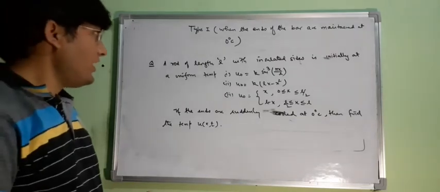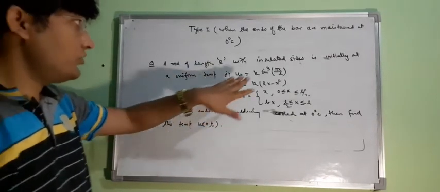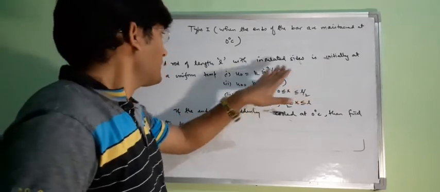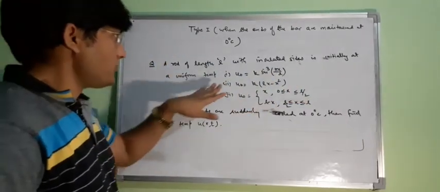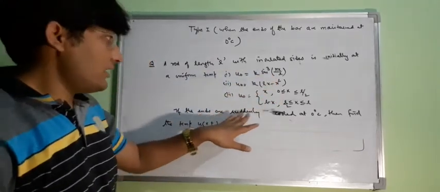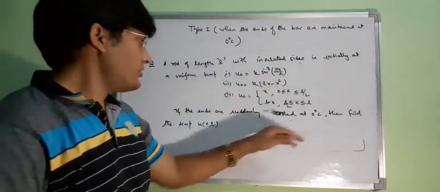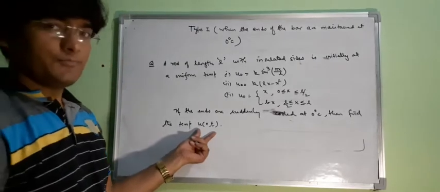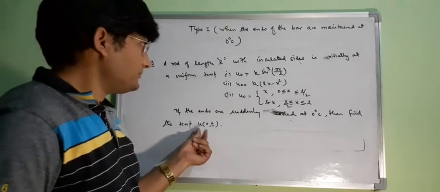For the first problem our initial temperature is this one and the ends are cooled at 0 degree centigrade. So we have to find the temperature at any time greater than 0.